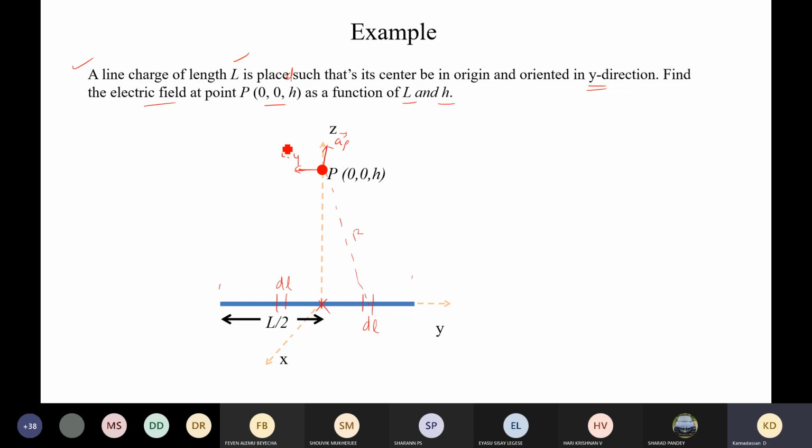So there will be two vectorial components available. Then exactly on the opposite side there will be another, so you will get two times, and the cancellation will take place like that. That is what you have to properly say.